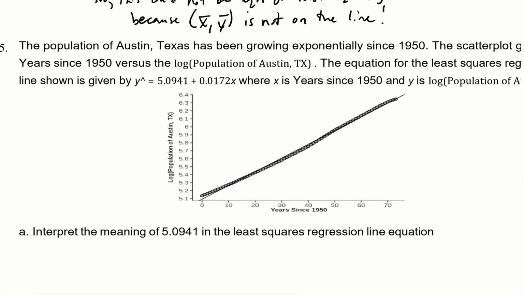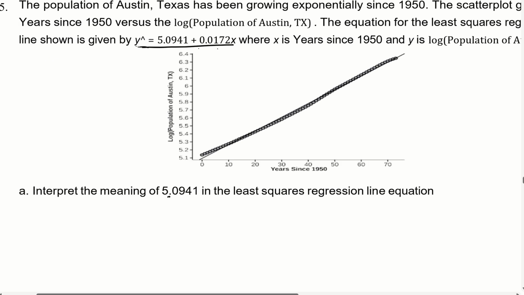Okay, so this is the equation right here. The 5.0941, that's the y-intercept, right? And the y-intercept is when x is 0. What it's saying is that when x is 0, that means when the year is 1950.